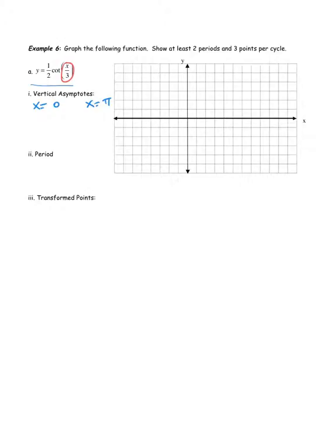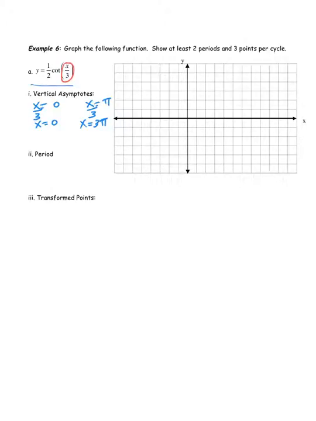So we want to know when is x over 3 equal to 0 and when is x over 3 equal to pi. If we solve these two small equations, we'll get that occurs when x equals 0. Multiplying the second equation both sides by 3, we'll get x equals 3 pi.